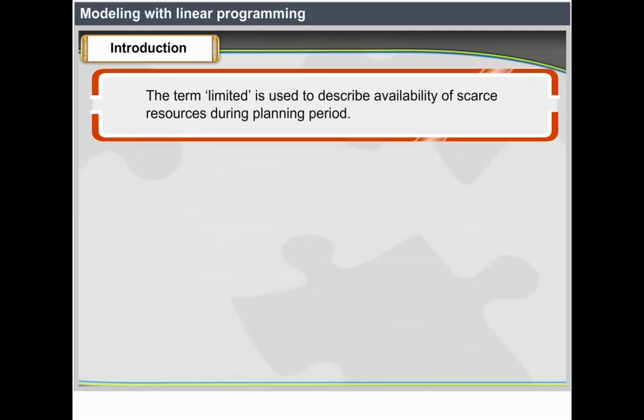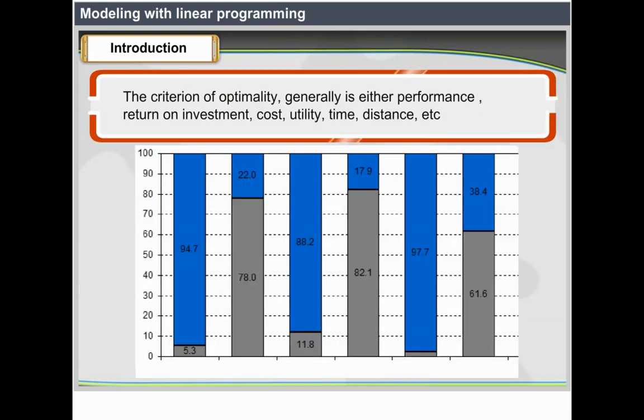The term limited is used to describe availability of scarce resources during the planning period. The criterion of optimality generally is either performance, return on investment, cost, utility, time, distance, etc.